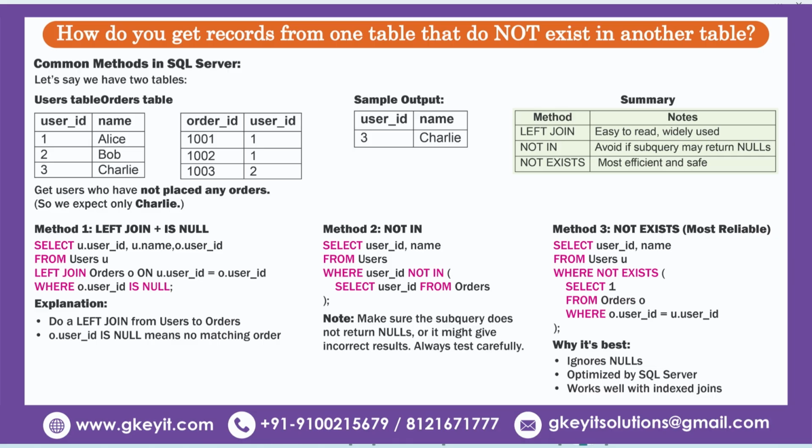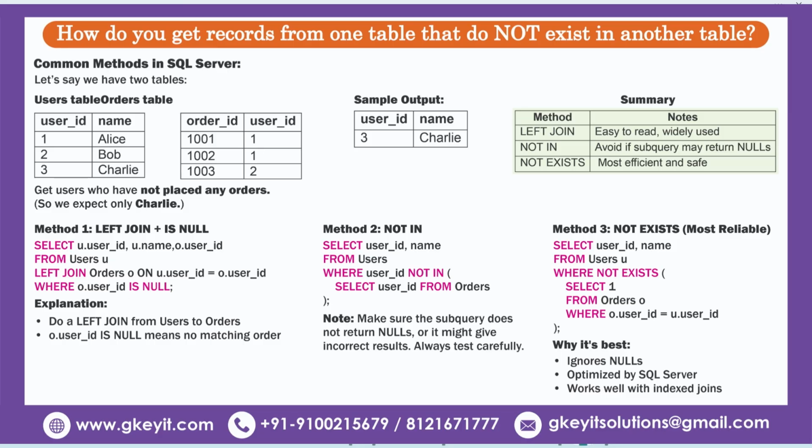It is the most reliable. We have a query using not exists. Select user ID, name from users u, where not exists, select 1 from orders, where orders.userid is equal to users.userid. Here we are not selecting the record where the condition matches. Why is it best?